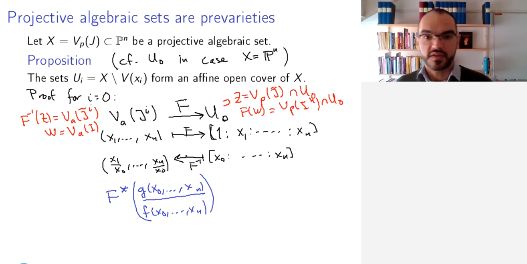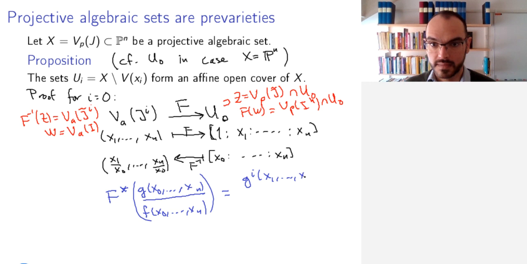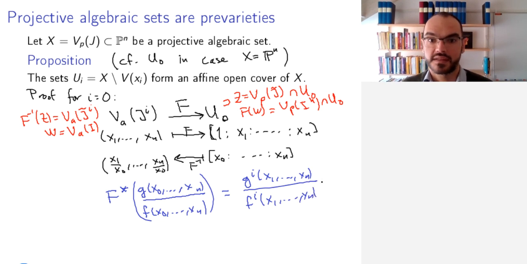And by construction of the map f and by construction of the inhomogenization of a polynomial, this is exactly the inhomogenization of g divided by the inhomogenization of f. So the homogenization of g, which is g^i, divided by the homogenization of f, which is f^i. And this is indeed a regular function on this affine open set.